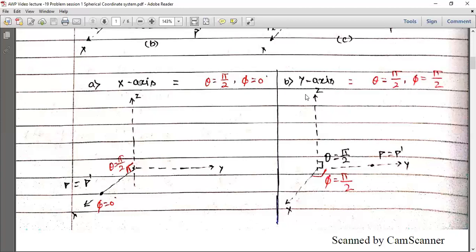Similarly, for the y-axis, we have to find the same things. We have to find the general assertions about all the points lying on the y-axis. What are the coordinates which are common for all the points lying on the y-axis? So for finding the equation of points on the y-axis, we consider a point P on the y-axis itself.